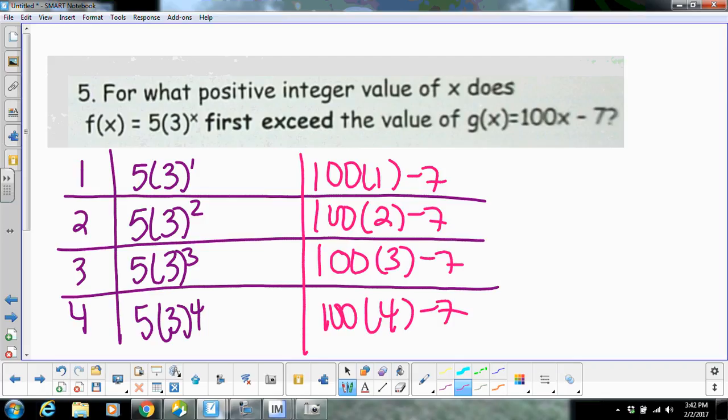All right, so 3 to the first is 3. 3 times 5 gives me 15. 100 minus 7 is going to give me 93.